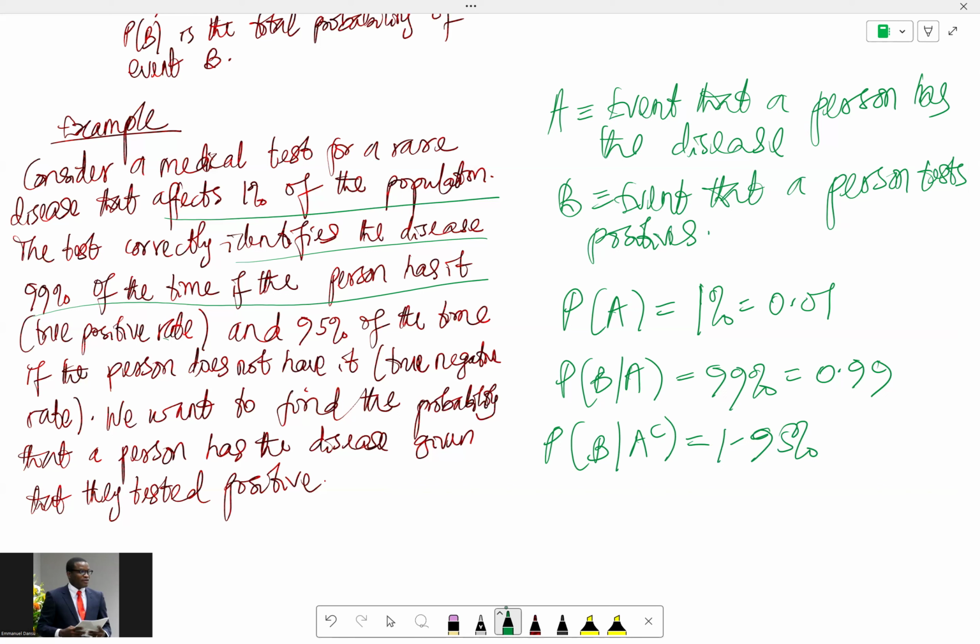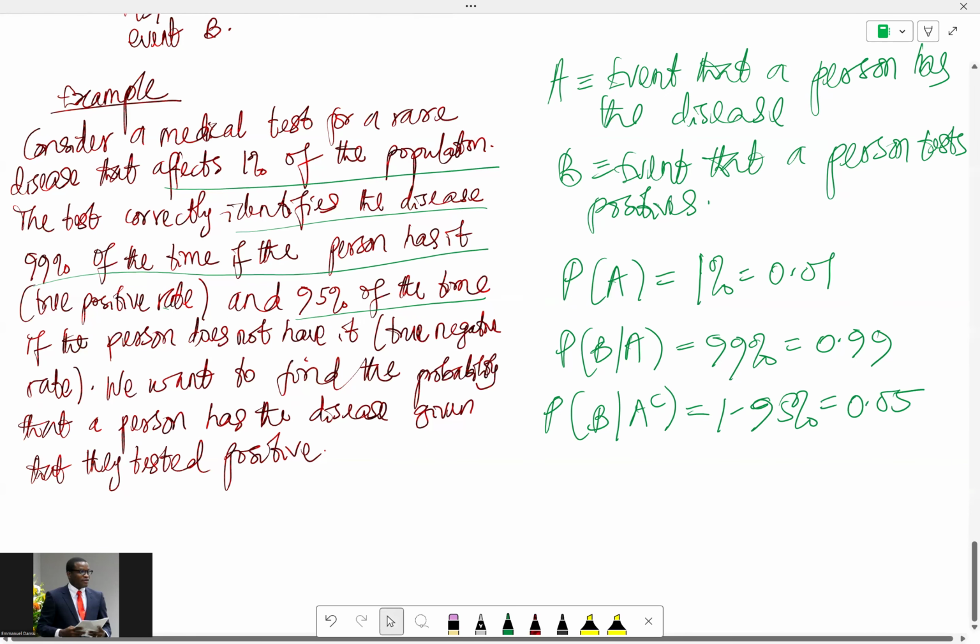The probability for true positive plus false negative summed up together is 1. So here, 95% of the time, the person does not have it and it is not detected. Otherwise it is detected as positive. So that's 1 minus 95%, which is 0.05.